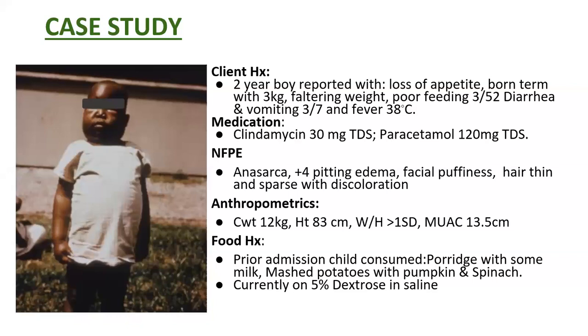The other question is, are mashed potatoes correct for such age? Well, this calls for the need for attendance of MCH clinics, where the nutritionist has to do timely and objective education in terms of complementary feeding.